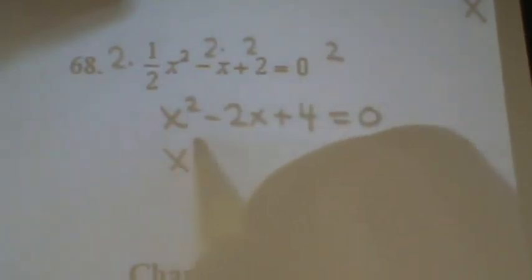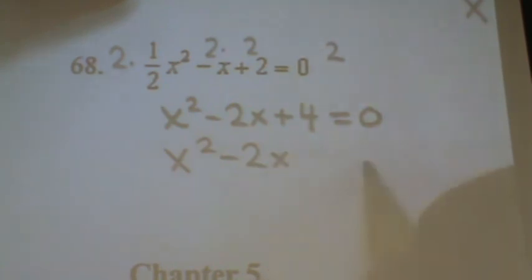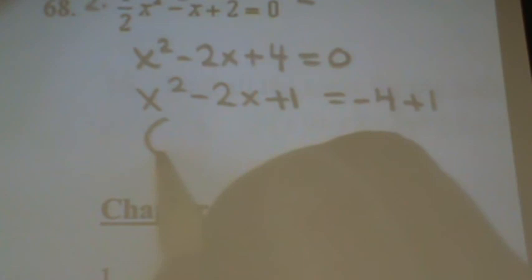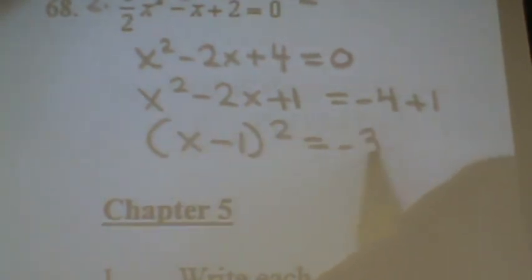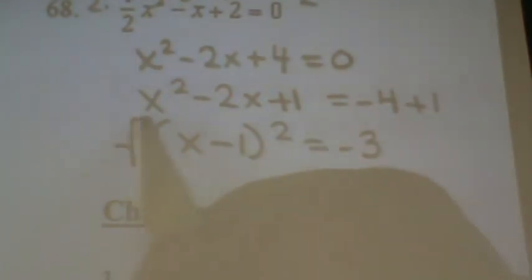Subtract 4. Now you're gonna take half of this and square it, which is 1. Square root of both sides.